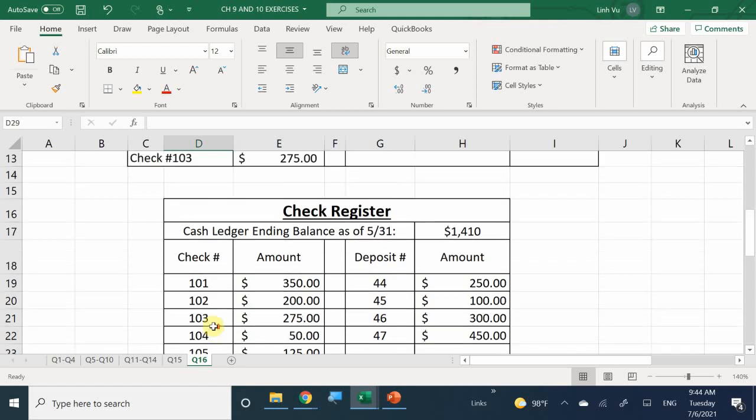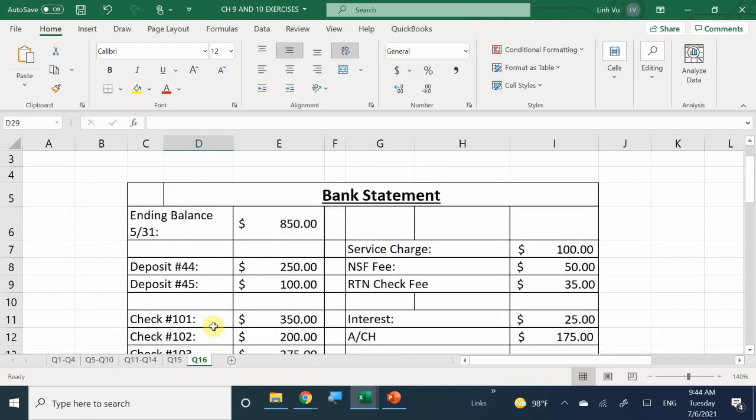Now let's take a look at my bank statement. Which deposits actually cleared? Only 44 and 45. So in this case, I'm missing two deposits that I've deposited, but the bank hasn't recognized it yet.